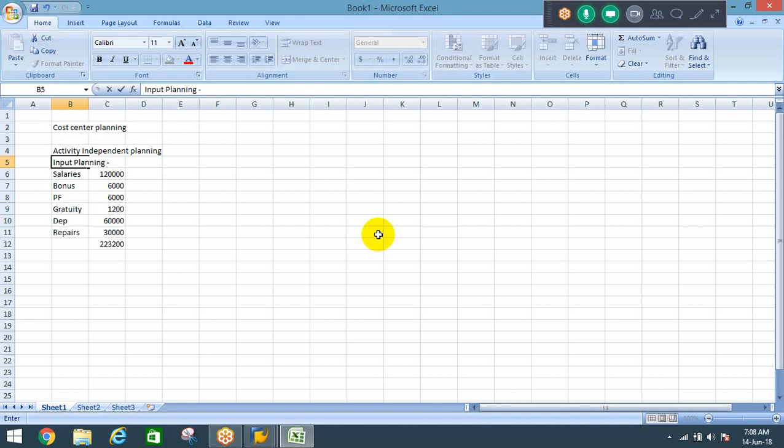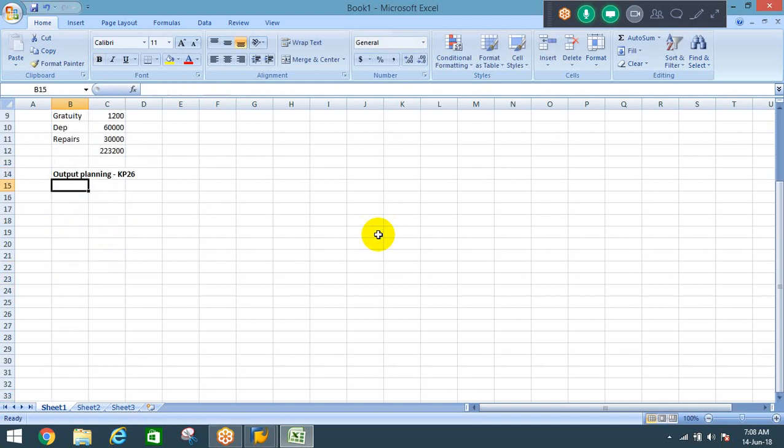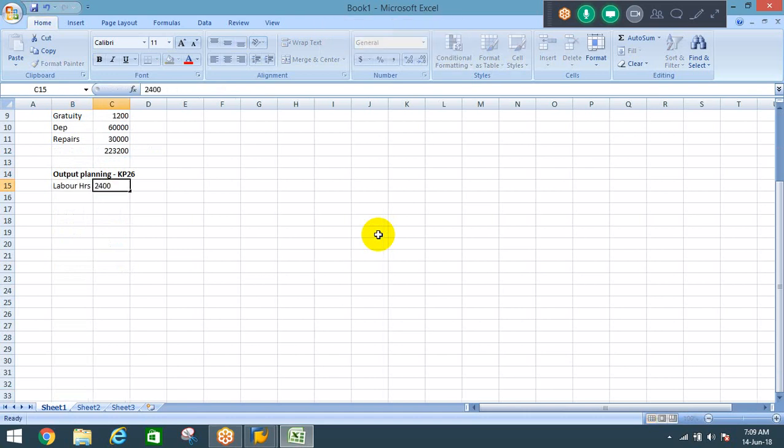In which transaction code? Input planning is KP06, and output planning is KP26. In KP26 we planned labor hours, 2,400, and machine hours, 1,200.